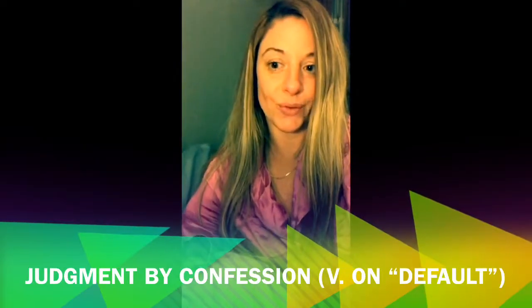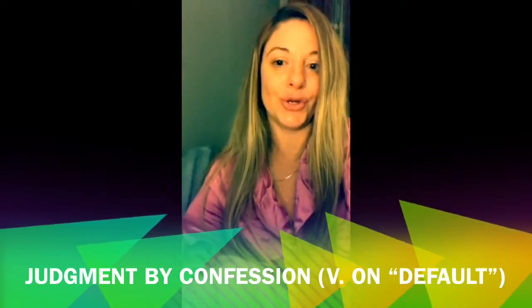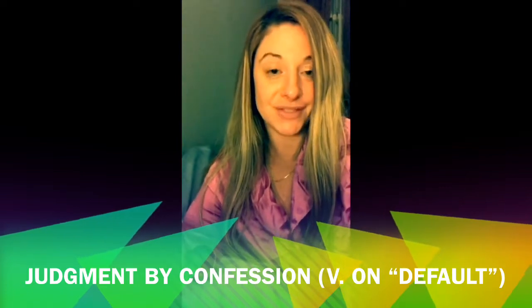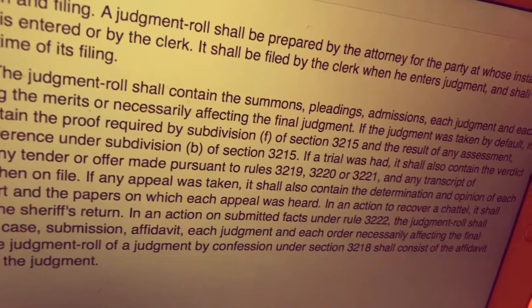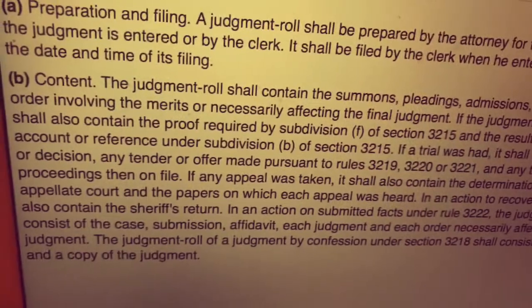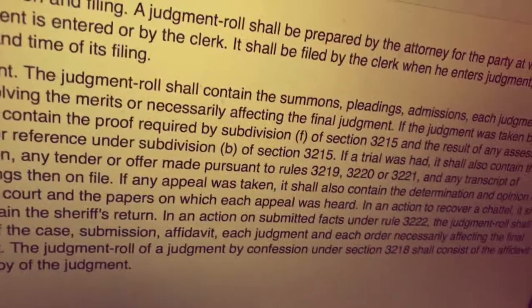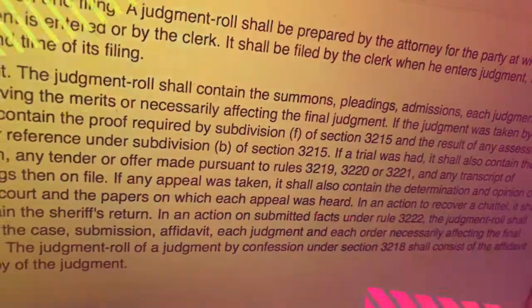The judgment roll, when it's by confession under 3218, shall consist of the affidavit and a copy of the judgment. If a trial was had, it shall also contain the verdict or decision, any tender or offer made, and any transcript of proceedings then on file. If an appeal was taken, it shall contain the determination and opinion of each appellate court and the papers upon which the appeal was heard. In an action to recover a chattel, it shall also contain the sheriff's return.